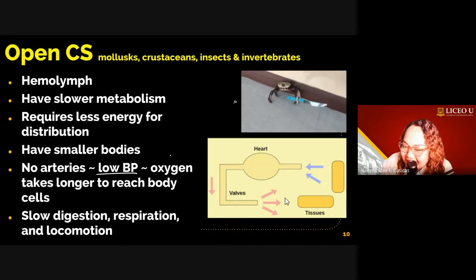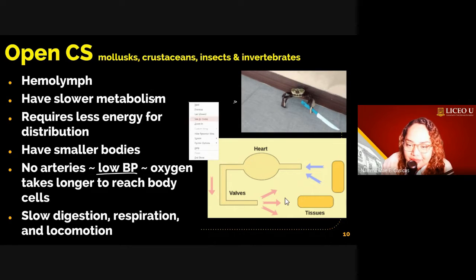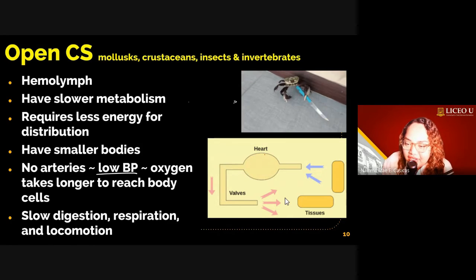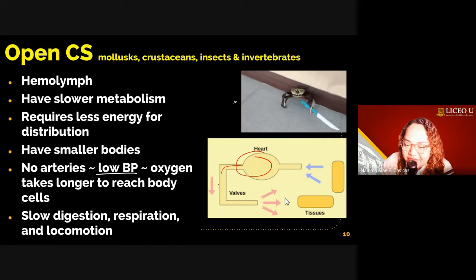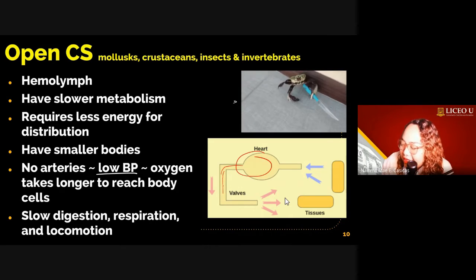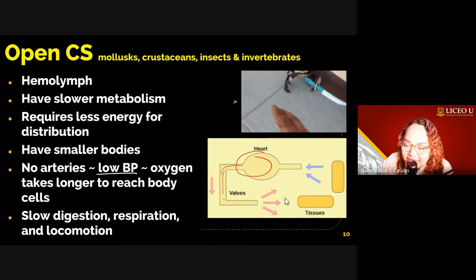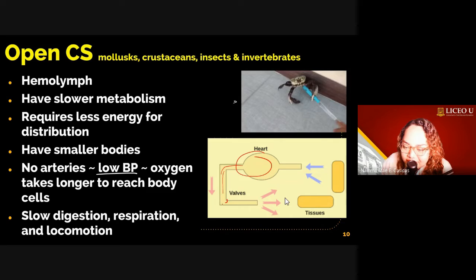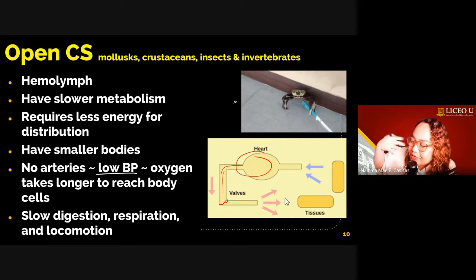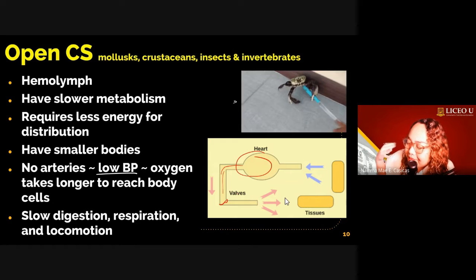They don't have arteries and veins. It's just the heart, and then it goes directly into the vessel. It's not an artery, and it's not a vein. It's just one centralized vessel, and it has valves that help these vessels push blood.